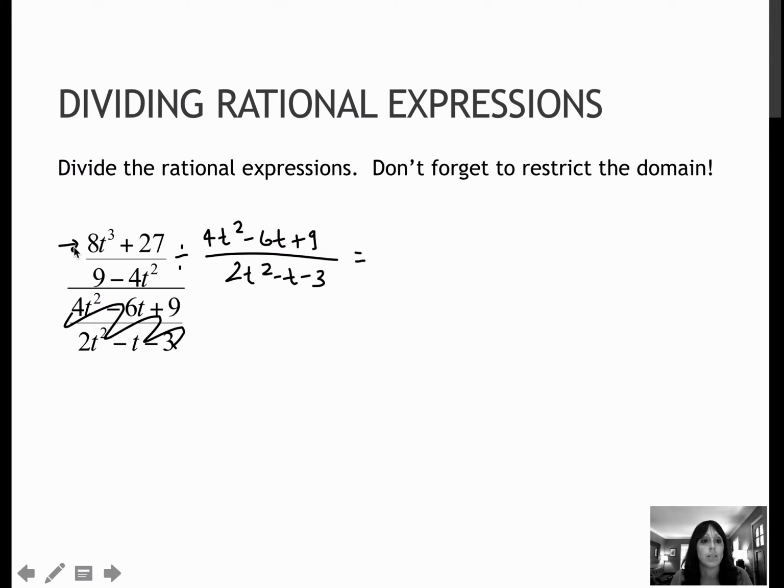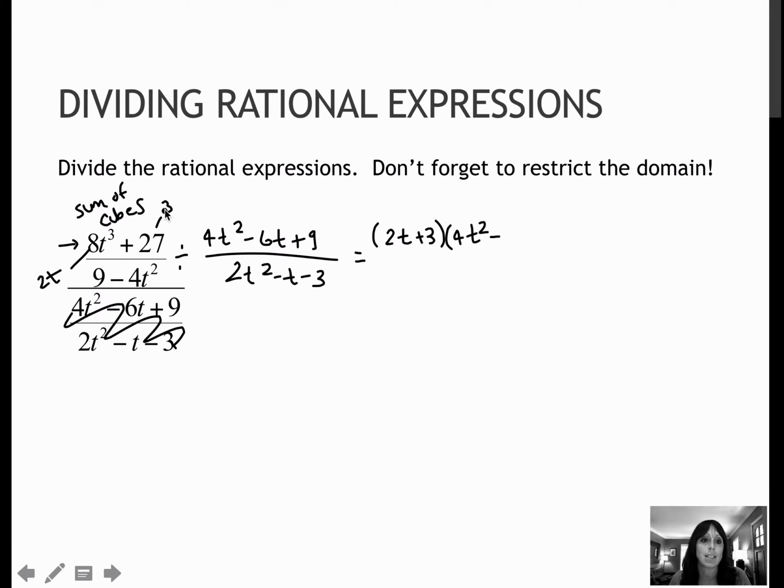The numerator is a perfect cube plus a perfect cube. So I'm going to use sum of cubes, which is that pattern that says you take the cubed root of 2t and the cubed root of 3. And at first I'll add them, so 2t plus 3. And then the pattern says square this one, which gives me 4t squared.